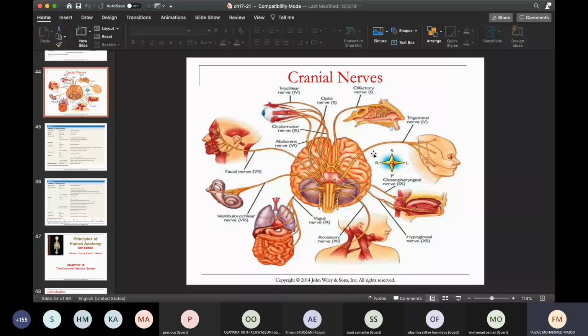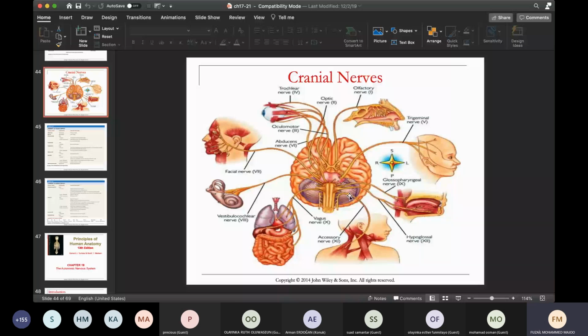Your facial nerve is cranial nerve number 7. Where is it? There it is. Facial nerve, cranial nerve number 7. Next, we have the glossopharyngeal nerve. Glossopharyngeal nerve is cranial nerve number 9. Where is it?